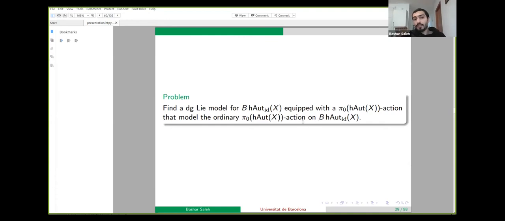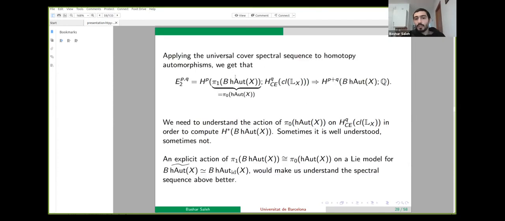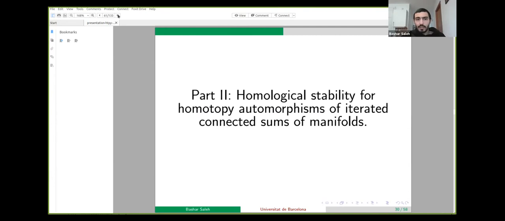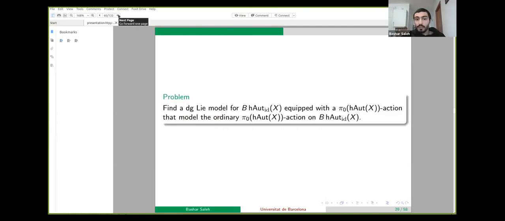Can we find such a Lie algebra? Then this action would be known in general. And I guess with this problem, I would like to end part 1 of my talk.